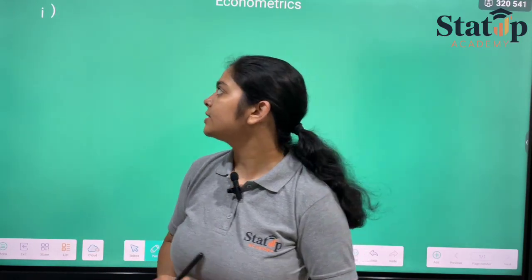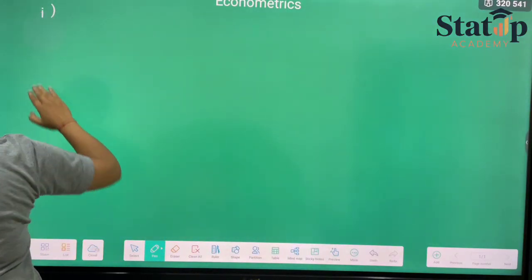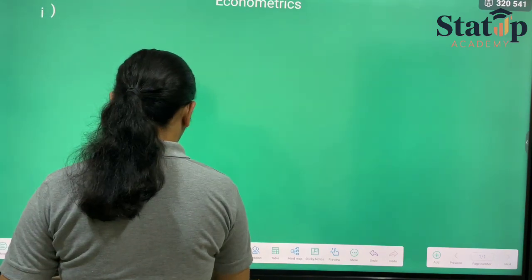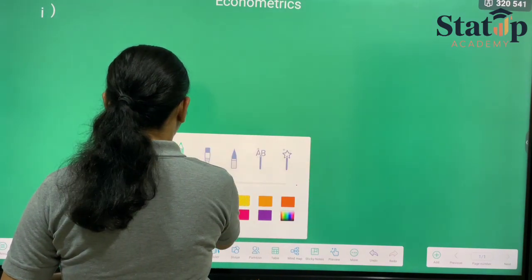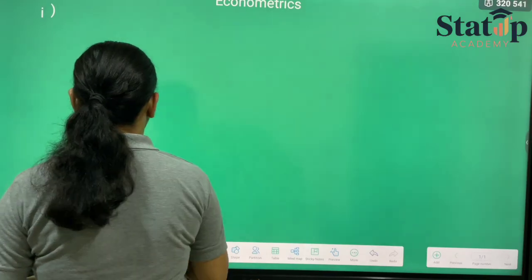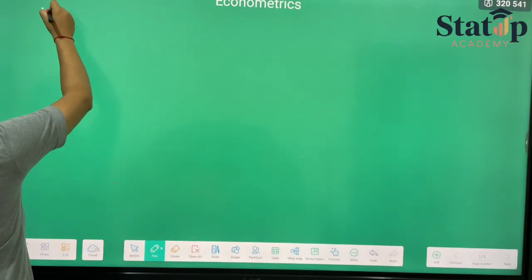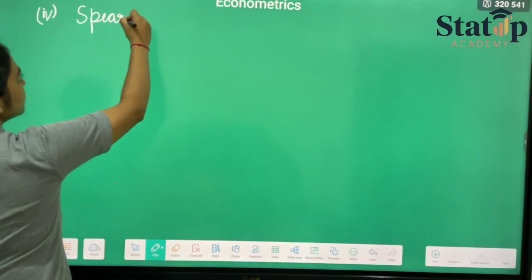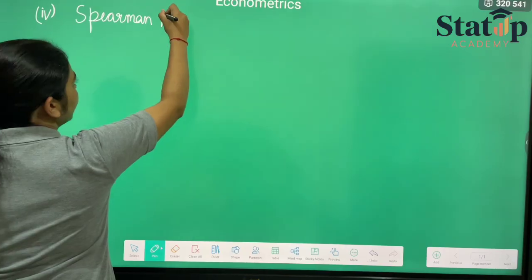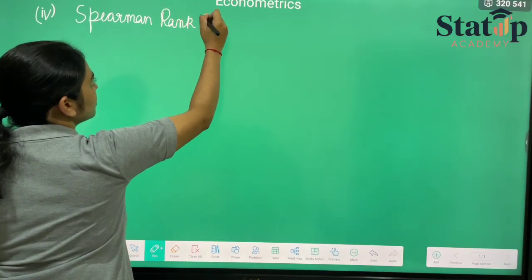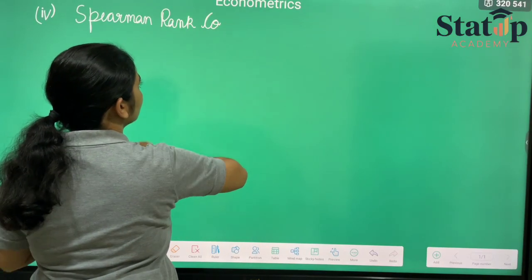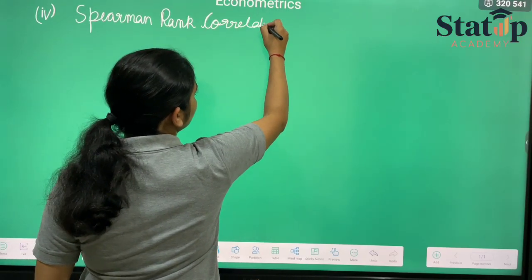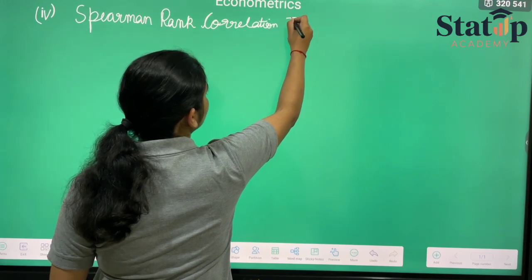Now today the last test is the Spearman rank correlation test.